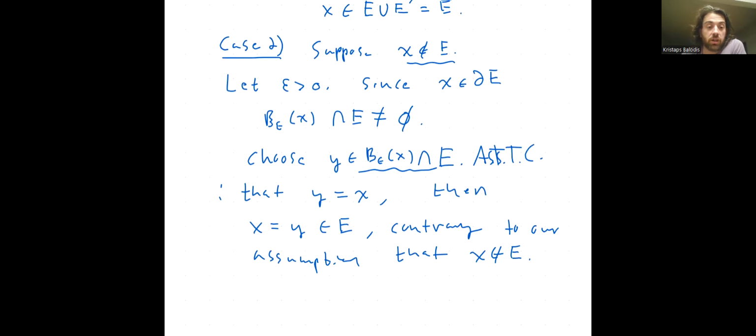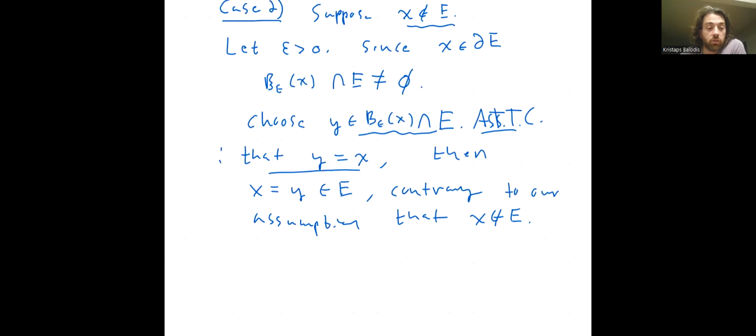Yes, it was assuming that y had to be equal to x, right? Assume for the sake of contradiction that y was equal to x. So hence it must be that y is not equal to x, and thus, what can I say?